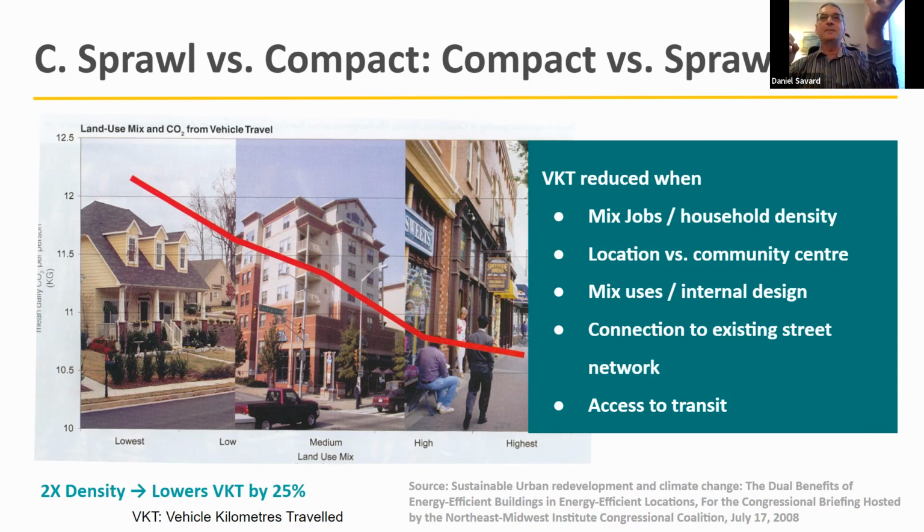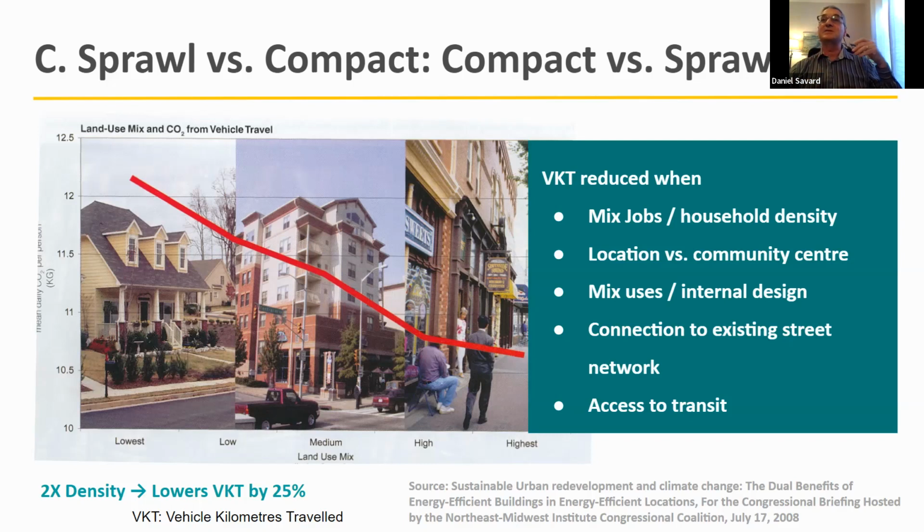And if you talk about compact, the first thing that is going to come to you is VKT, or vehicle kilometers traveled. If you reduce it, when you mix jobs and household density altogether, you're going to have the location of your subdivision closer to community centers and services.